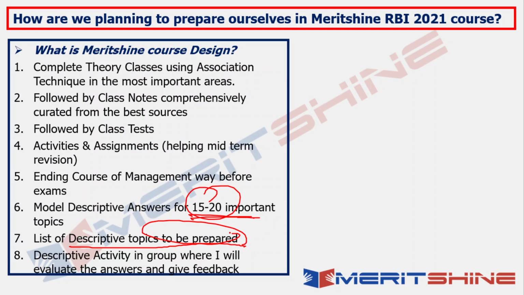There would be time to time descriptive activity in the Facebook group where I would reevaluate your answers and give feedback on them. Imagine you would get feedback, your answers would be evaluated. So you would know that this is what is wrong with my writing, so I need to change this, and in the next activity you would change accordingly.